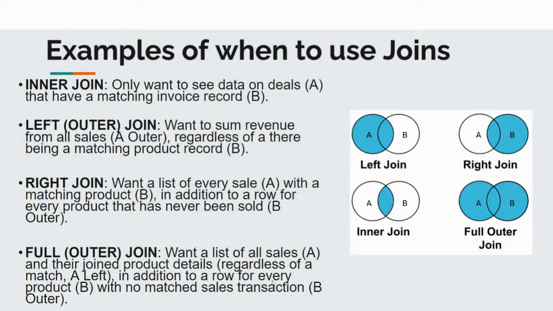Then you could also see where you don't have a match on deals, where they all match, and then where you don't have a match on invoices. This one will always create the biggest data set because it includes everything from both tables, and then it'll include a record where both of these match.